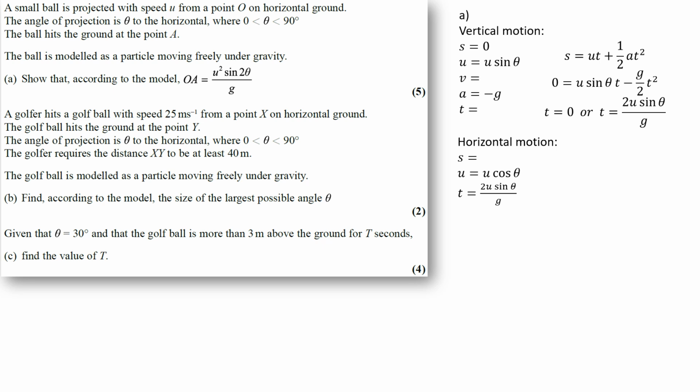Just a minor point if you're a little concerned about having u equals u cos theta or u equals u sine theta. In this particular context, we can get away with it as long as we're careful and we don't confuse ourselves, because the u that I have before the equal sign is implicitly the initial velocity for vertical motion or the velocity for horizontal motion.